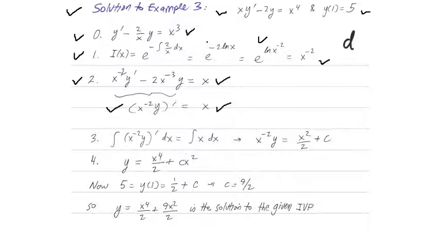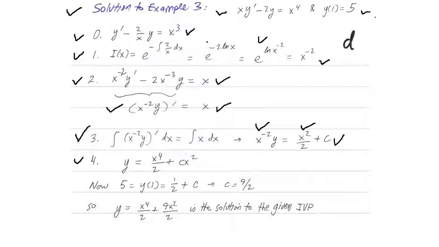So the left-hand side is the derivative of a product. So we integrate both sides, and the integral of the derivative of the product is that product. The right-hand side integral is an easy integral. Then we solve this equation for y in step 4, and that gives us our general solution in explicit form.